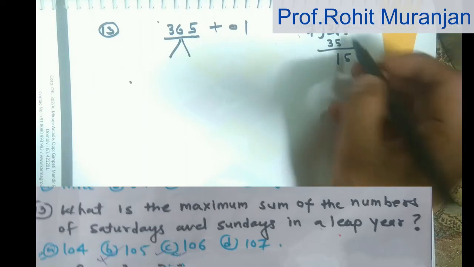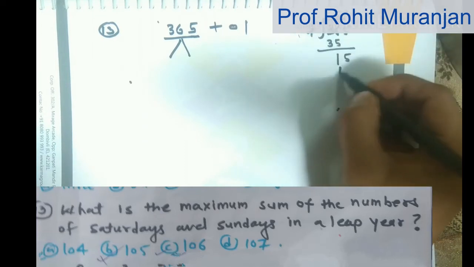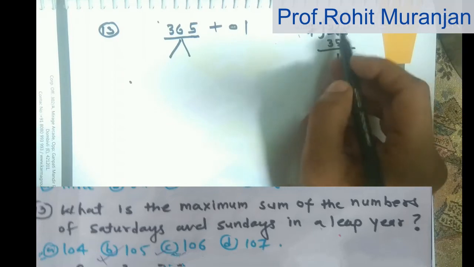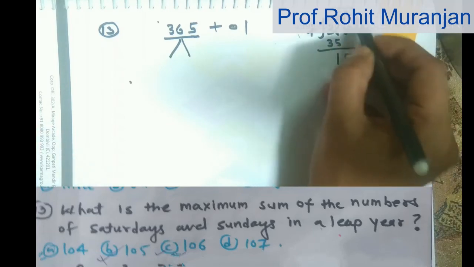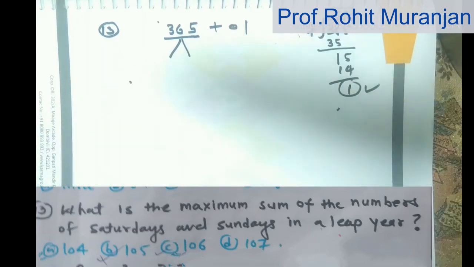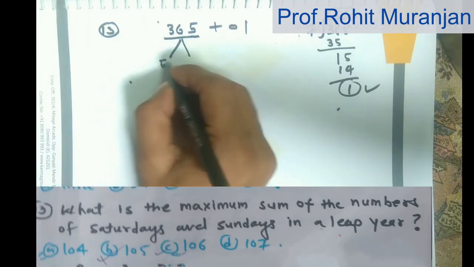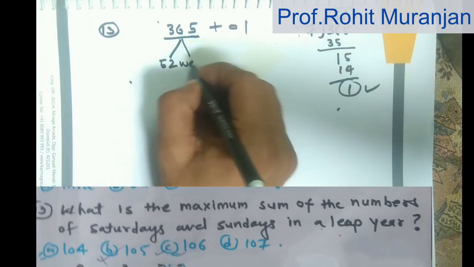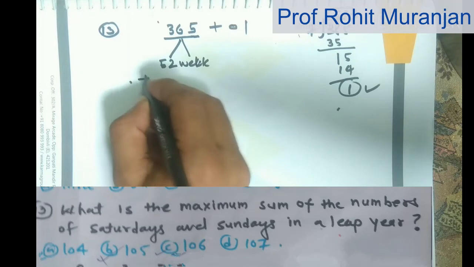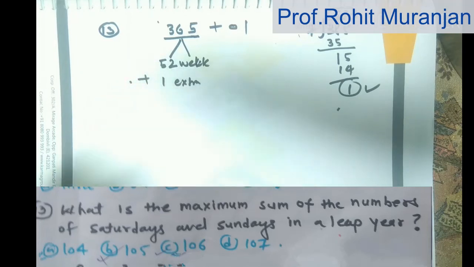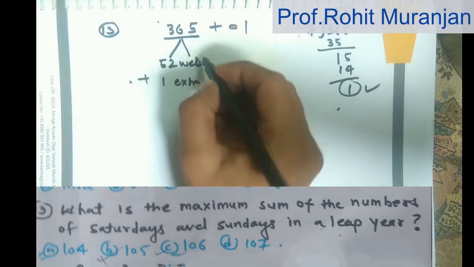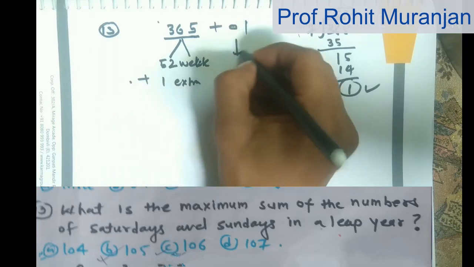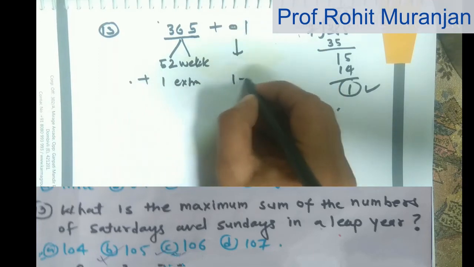If I take this 5 down, 7 2s are 14, which means in a year there are 52 weeks with an extra day. So 52 weeks plus 1 extra day, and in a leap year we have one more extra day.